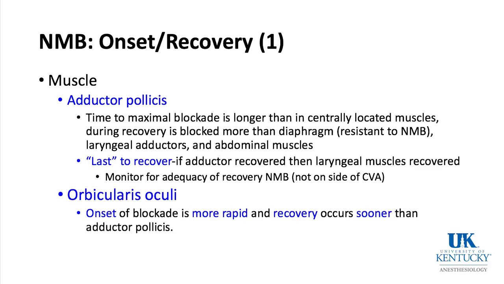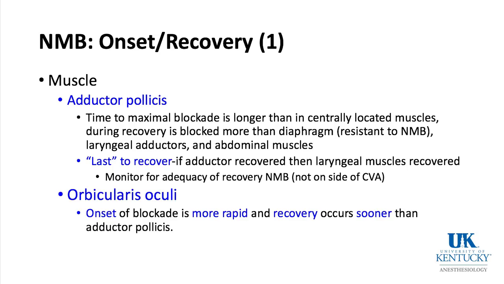Onset and recovery, adductor pollicis. If we monitor at the eye versus at the ulnar nerve, when we recover neuromuscular blockade, the ulnar, the adductor pollicis, is the one that tells us that we're fully recovered better than the orbicularis oculi.